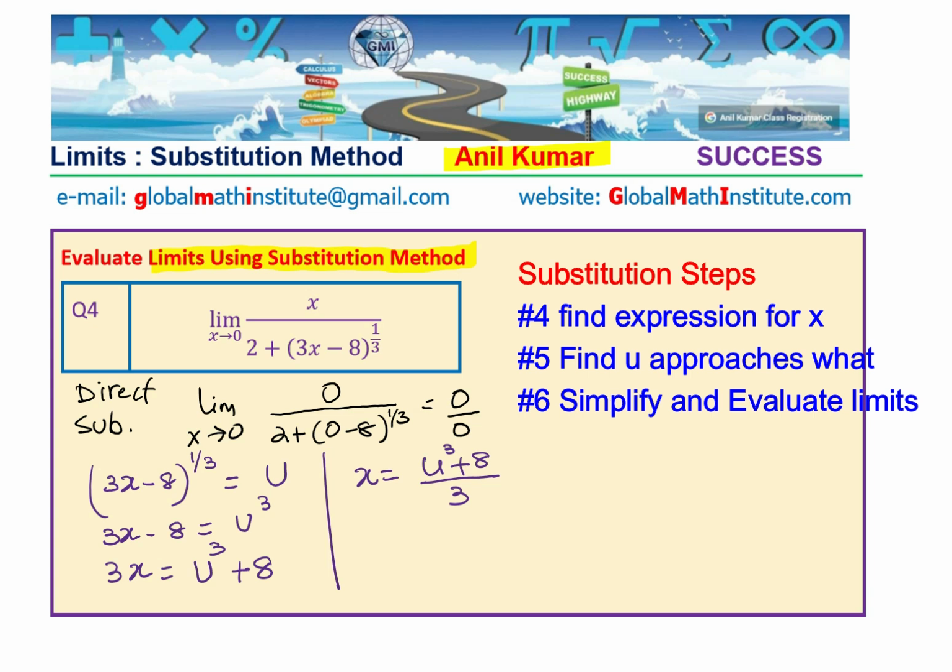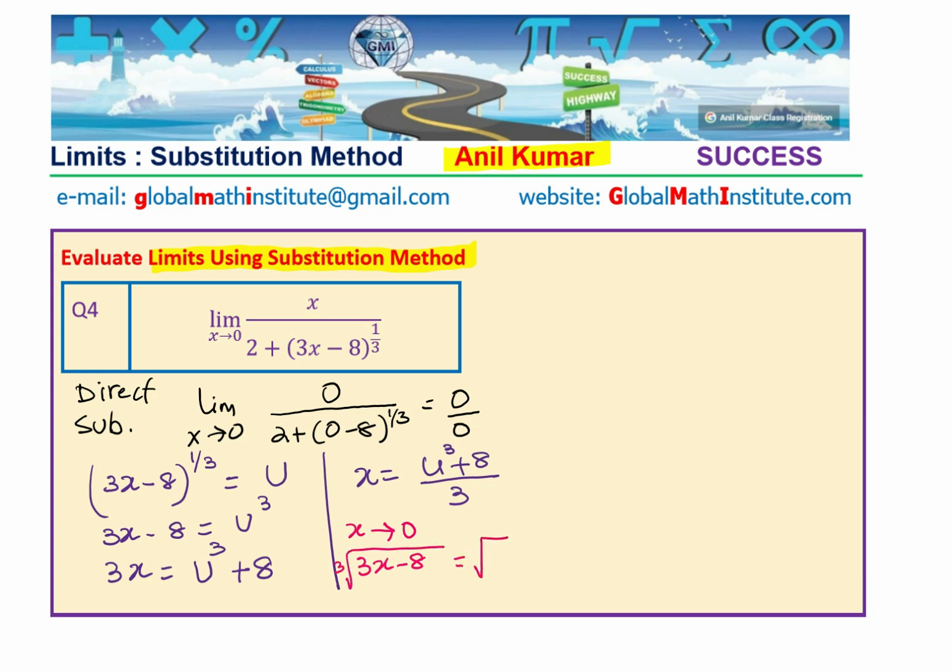The second part is: what value will u approach when x approaches 0? When x approaches 0, the cube root of 3x minus 8 will be the cube root of 0 minus 8, which is equal to minus 2. So the cube root of minus 8 is minus 2.